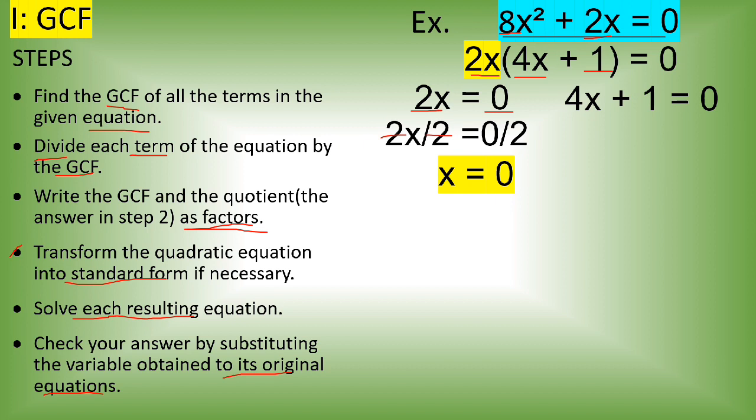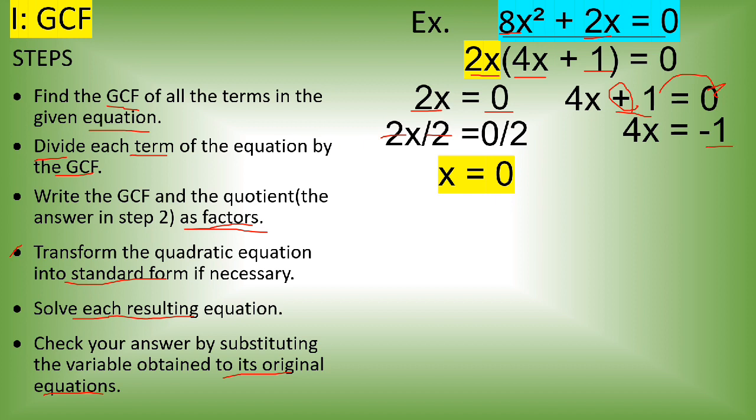Next, 4x plus 1 is equal to 0. And then, i-transpose natin si positive 1 sa right side ni equal sign. So, meron na tayong 4x is equal to, kung ililipat natin ito sa kabila, papalitan na natin ang sign. So, positive, nagiging negative.